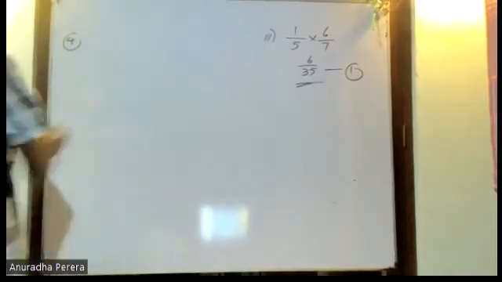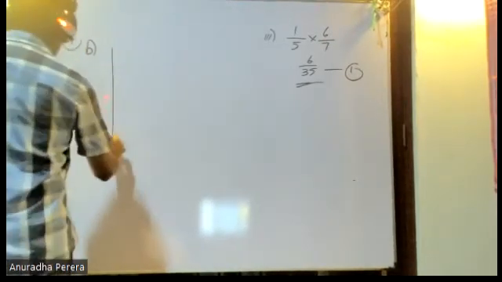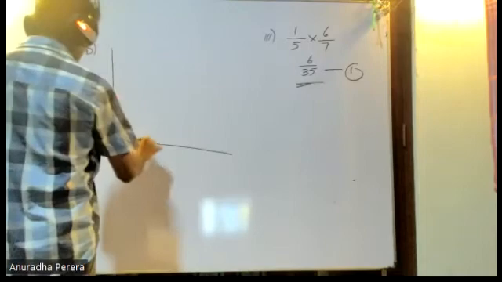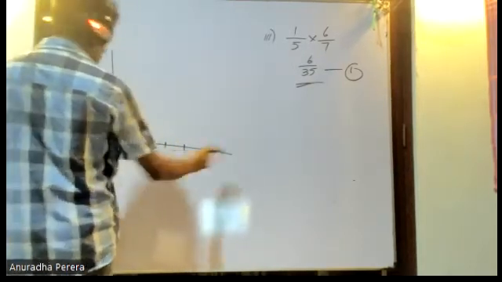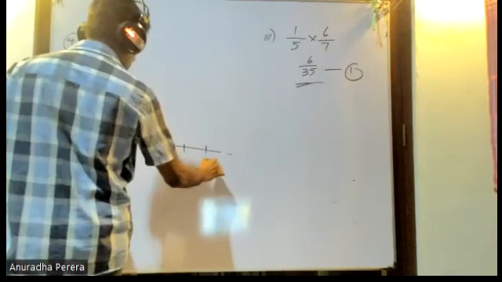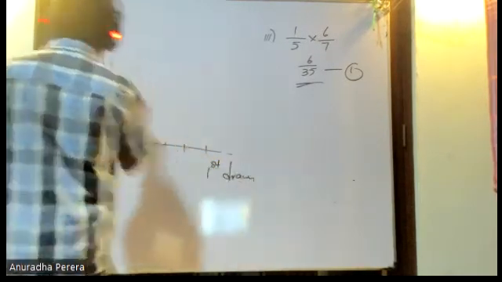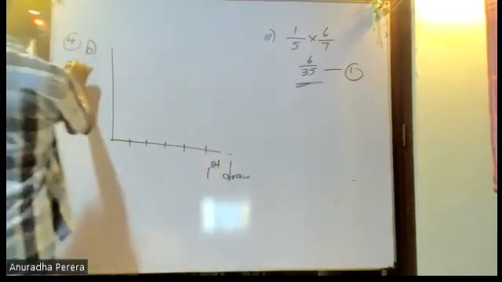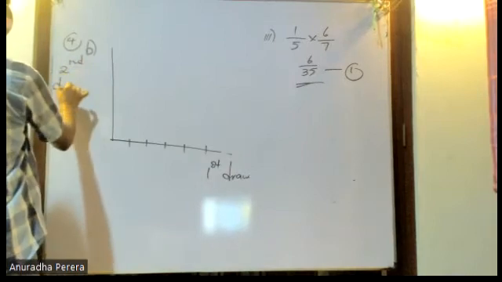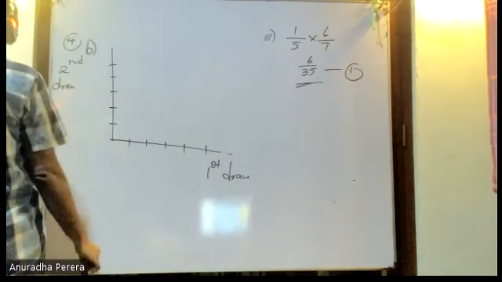Right. First row. Second row. Three, right.